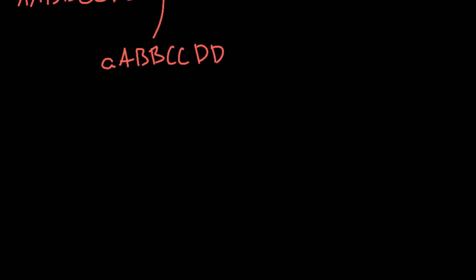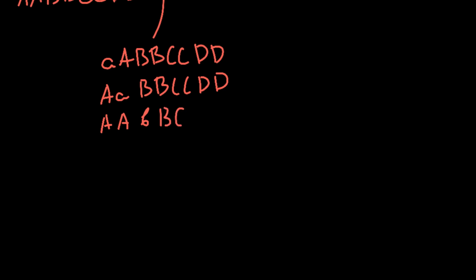For example, a second combination can be capital A, small a, capital B, capital B, capital C, capital C, capital D, capital D. Another combination can be capital A, capital A, small b, capital B, capital C, capital C, capital D, capital D.